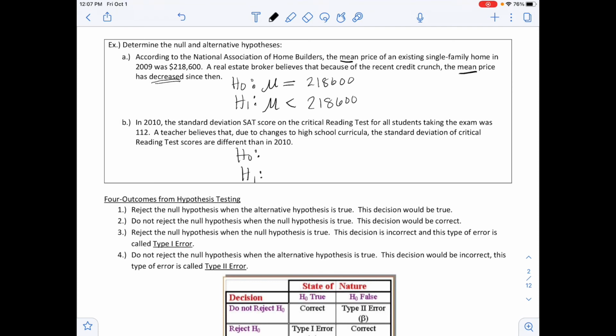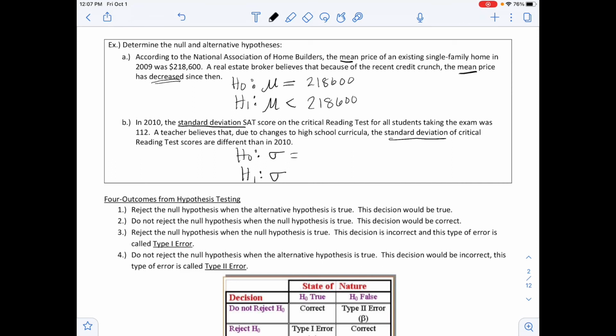First question is going to be, what is the parameter that we are discussing? And if you notice, it does say standard deviation. So I'm going to go ahead and put sigma, which is our population standard deviation. That is our parameter. Again, H naught always gets an equal sign. And then I have to read the problem to figure out what symbol to put for our alternative hypothesis, or H1.